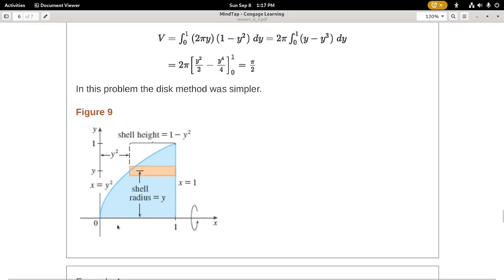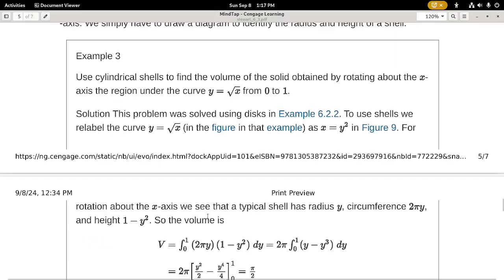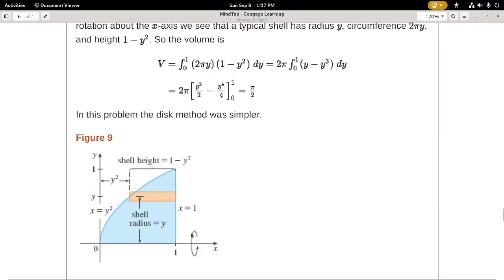X goes from 0 to 1. You have this area here, and now we rotate it about the x-axis instead. So we rotate this way. And the setup is still the same. It's just essentially X and Y get their roles reversed from the previous examples.